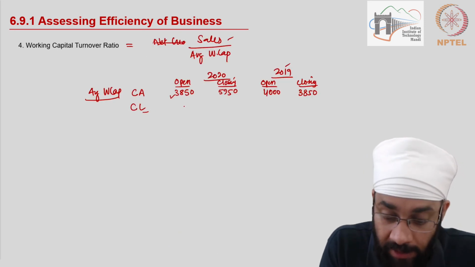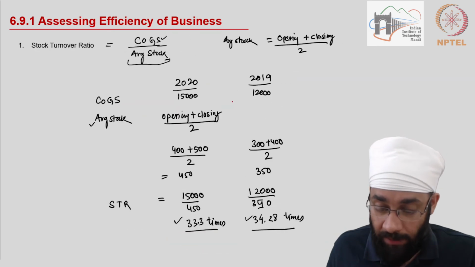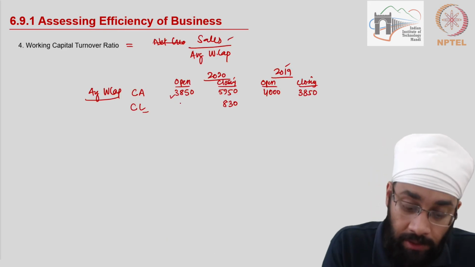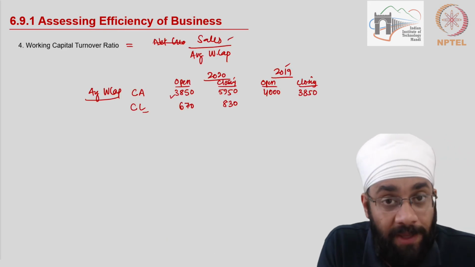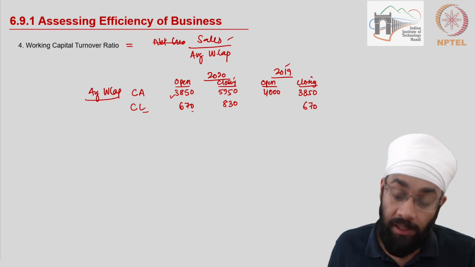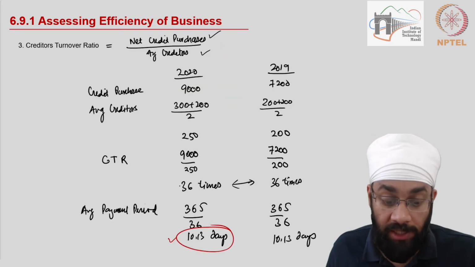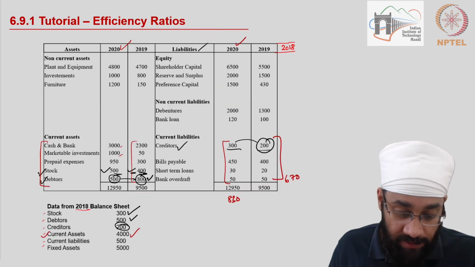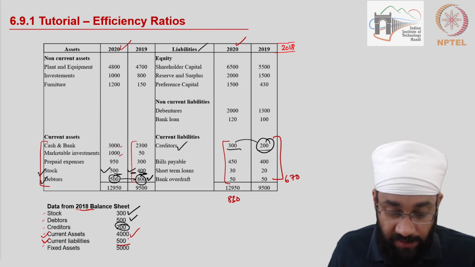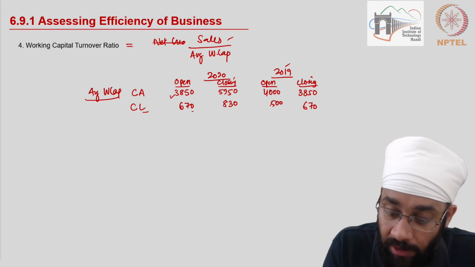Current liabilities in 2020 are 830, and in the previous year the number is 670. The opening balance of 2020 is the closing balance of 2019, and the opening balance in 2019 is the closing balance of 2018, which is given here. Current liabilities in 2018 is 500. So we have all the numbers that we needed.